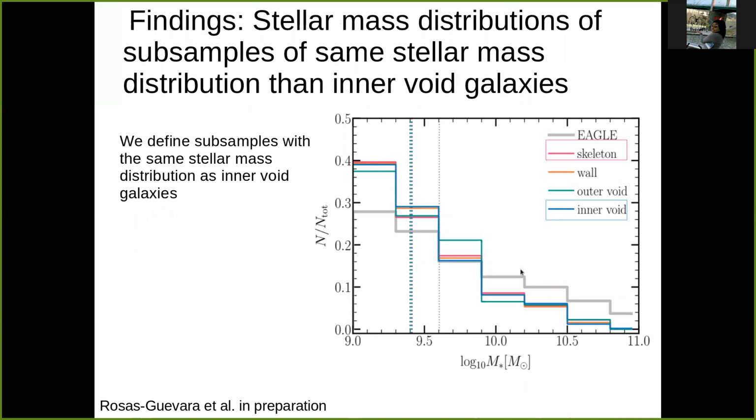In particular here, I will show my results from the inner void galaxies and the skeleton galaxies just for clarity reasons. However, we explore all the regions and all the galaxy properties that we can. Here, I only show the main results.